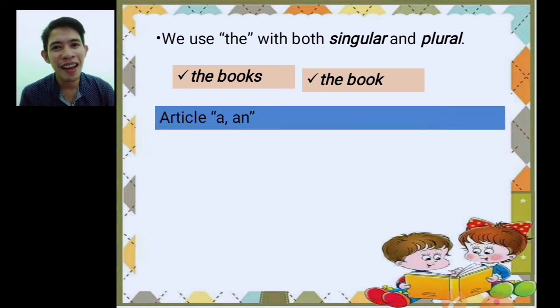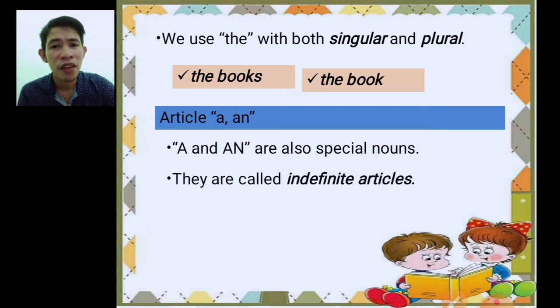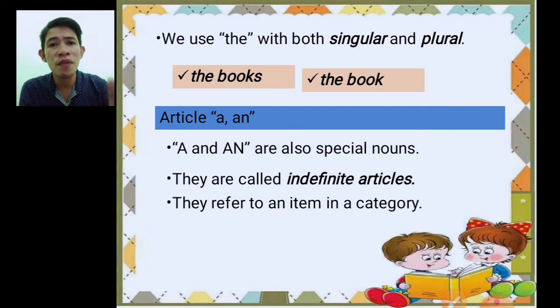The articles a and an are also special adjectives. They are called indefinite articles, which means they refer to any thing or item in a category.